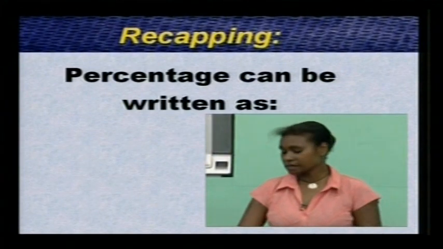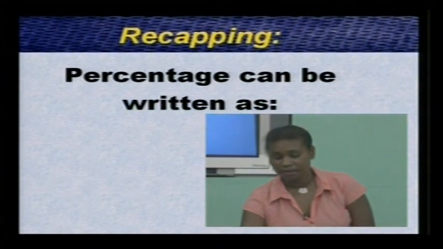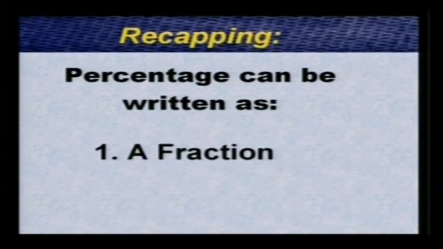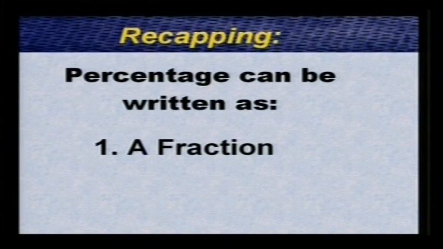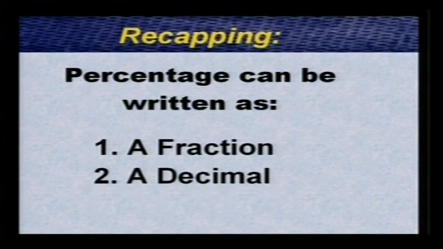Those are the 2 answers that I am looking for. The first one, it can be written as a fraction, like what our friend said, 60/100. And the second one, she also answered, a decimal. And percentage itself is also counted in there. There are 3 forms that percentage can be written as.